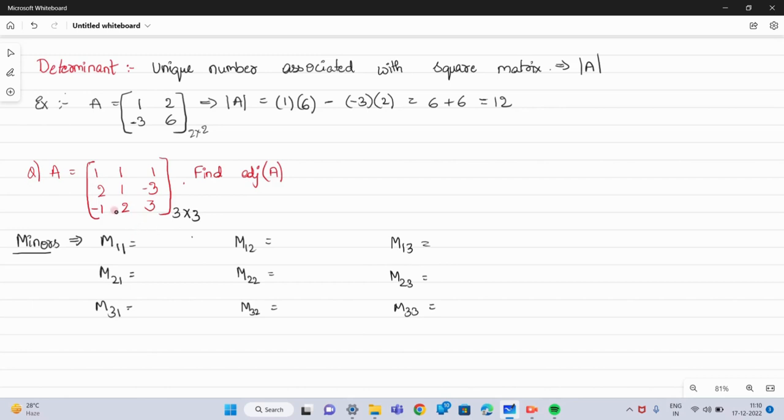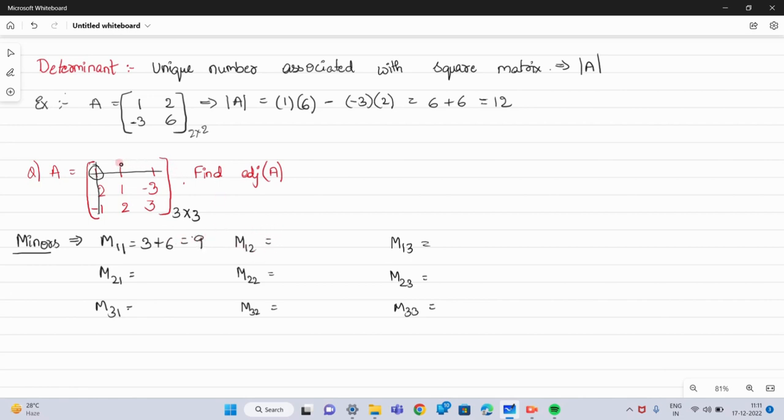So how to find M11? Take the A11 element and hide its corresponding row and column. Take the determinant of the remaining elements. To take the determinant, first multiply the diagonal elements, which is 1 into 3, 3, minus the product of non-diagonal elements, which is plus 6. So it becomes 9.